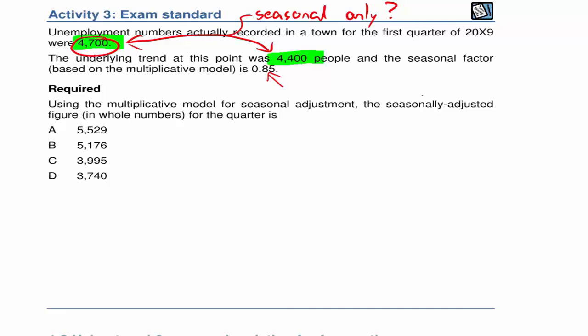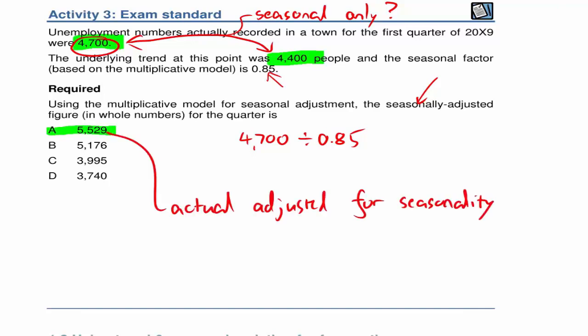So if we want to work out the seasonally adjusted figure, giving an indication of what the trend is, that's going to be 4700 divided by 0.85, and that gives 5529. So the answer is A, 5529, and that's showing you the actual adjusted for seasonality, and it should give you something close to the trend.